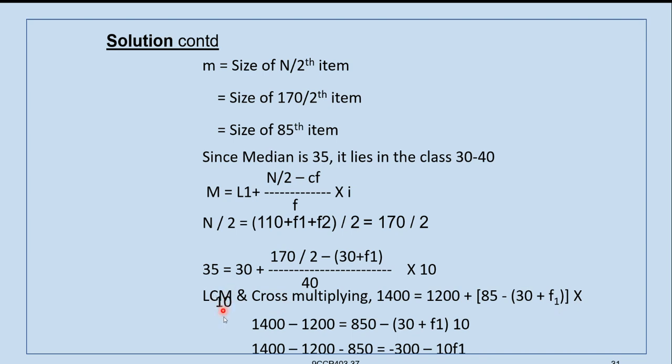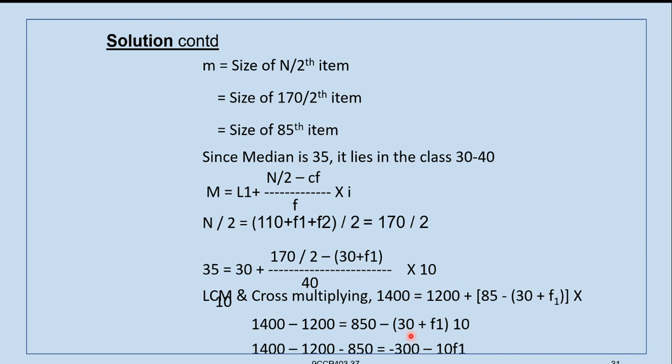The 10 here is appearing, and this is the actual equation. That is 1400 minus 1200 is equal to 850 minus (30 plus f1) into 10. In the next step, 850 is brought here, minus 850.